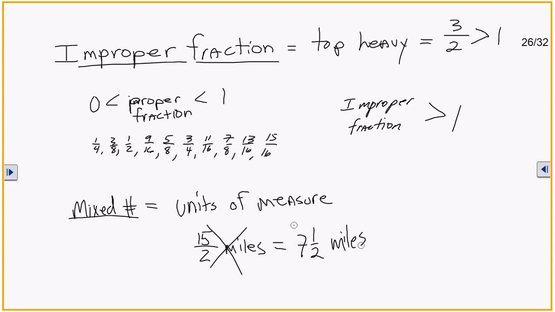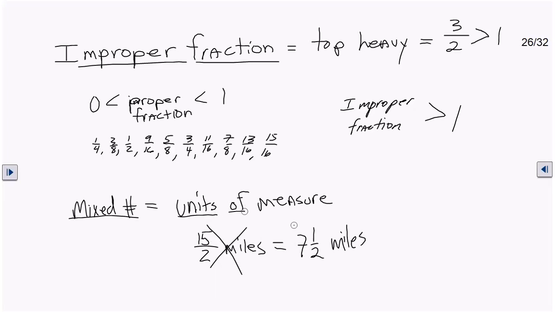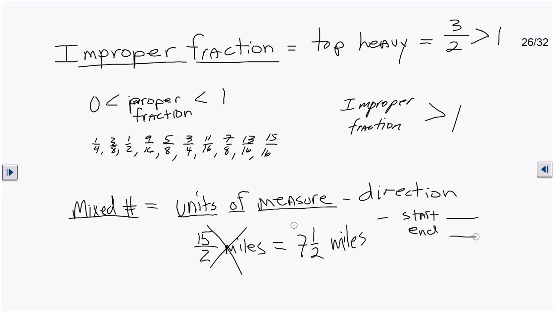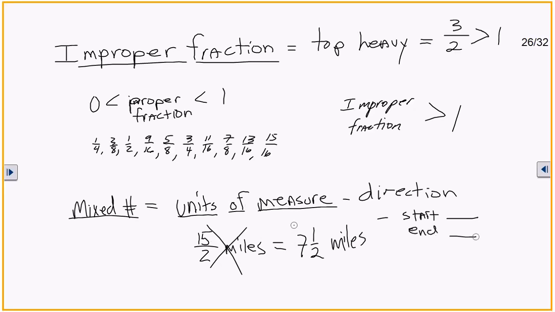So usually when I tell students, when do you use a mixed number? When you have a unit of measure in the problem, or the directions specify, or you start with and you end with. In other words, somebody has got to tell you to use a mixed number.